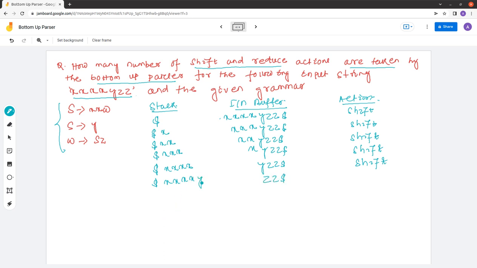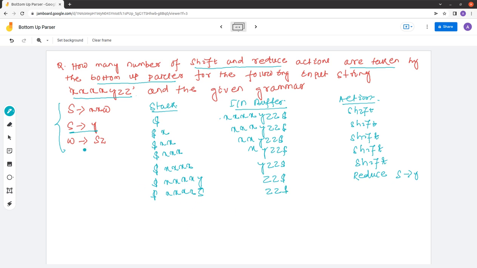Yes, we can handle this y by the second production. So reduce S to y. So this is $xxxxS, then zz$.